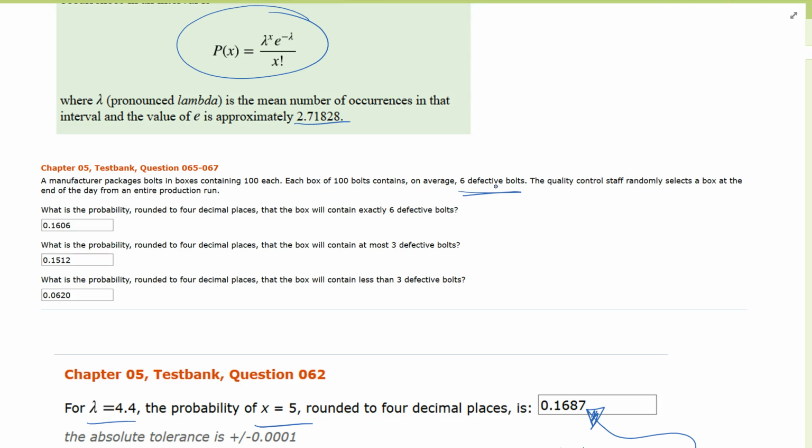In this case, question 65 to 67 in the test bank is asking: the quality control staff randomly selects a box at random. What's the probability it contains exactly 6 defective bolts? So here in this case, lambda would be 6, and x would be 6.